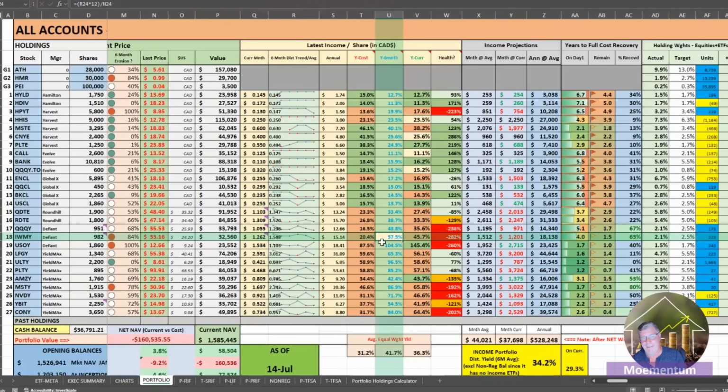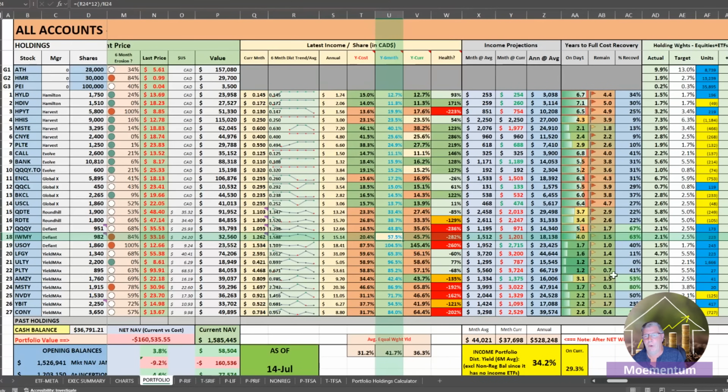So to me, that's an exciting thing to see about this sector of investment tools: these covered call ETF managers seem to be listening to their customers and responding. Harvest responded by putting out their first single stock ETFs in Canada. Hamilton has responded by offering their first zero DTE ETFs. They're doing this because customers are willing to pay for it, and they're putting out a product that customers are asking for. So very interesting.